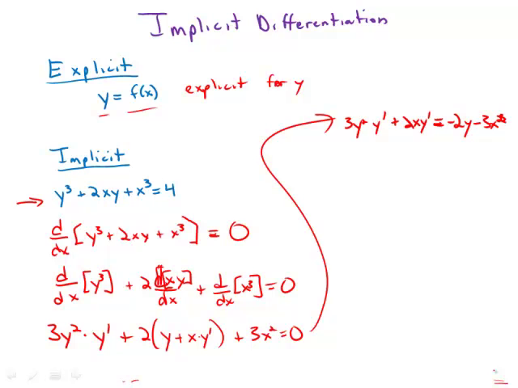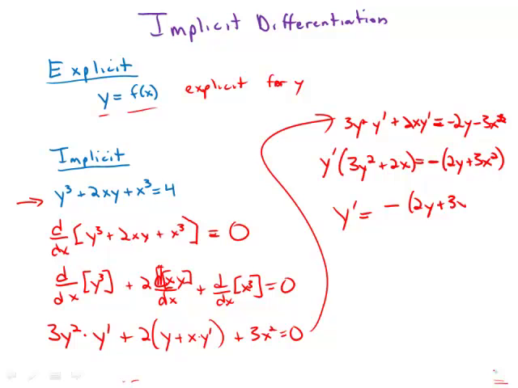Now I'm going to factor out the y prime, so y prime times (3y squared plus 2x) equals, I'll factor out a negative sign on this side, negative (2y plus 3x squared). Now divide by the parentheses: y prime equals negative (2y plus 3x squared) over (3y squared plus 2x).